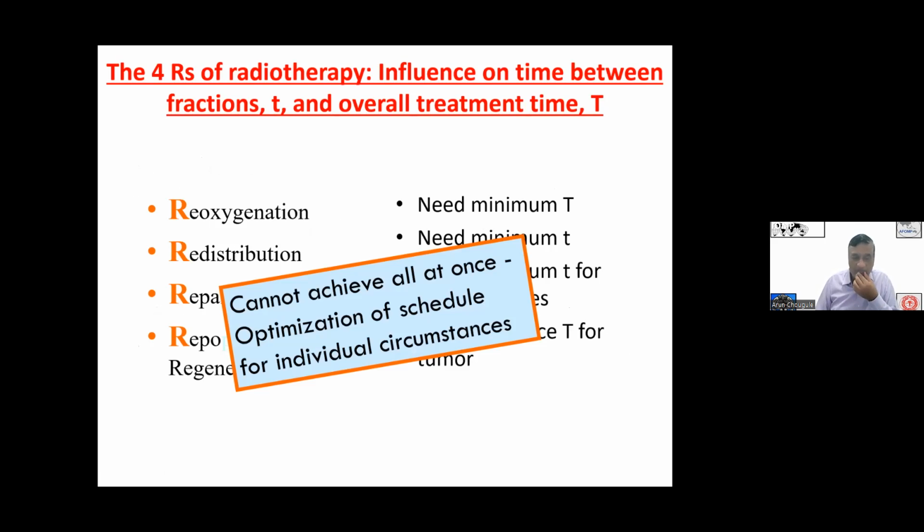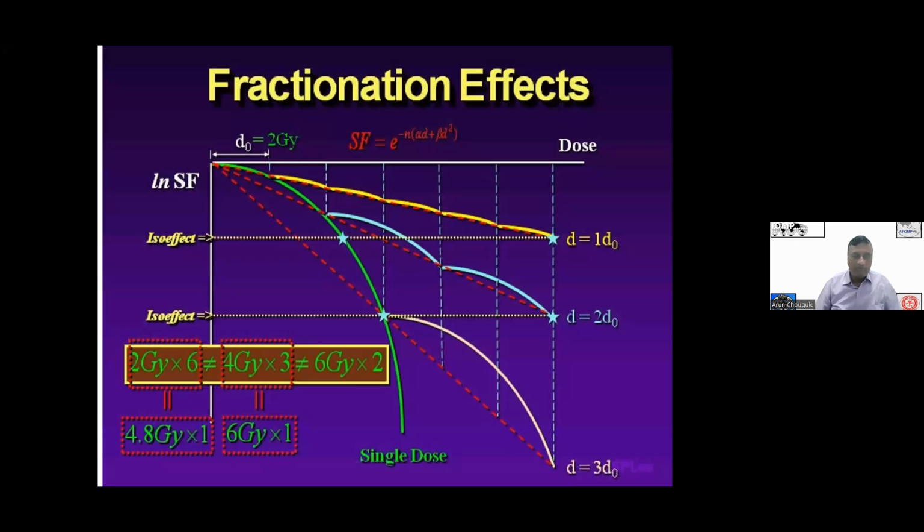We cannot achieve all at once, and therefore optimization of the schedule for individual circumstances, tailor-made treatment, fractionation of the radiotherapy is very, very important. And again, here I can show you how the fractionation effect occurs. Here you can see 2 gray, 2 gray, 2 gray, 2 gray, this 1, 2, 3, 4, 5, 6 fractions of 2 gray, that's 12 gray, and this is the effect I am getting.